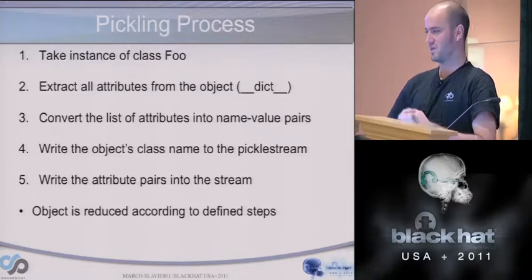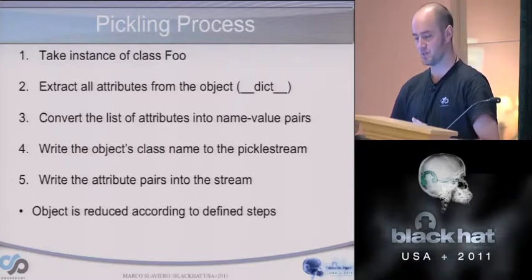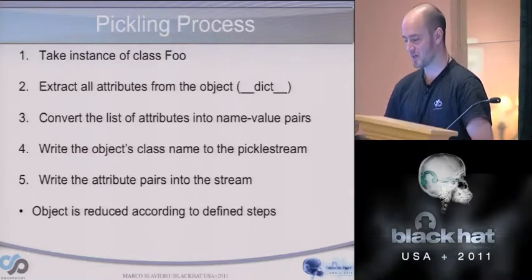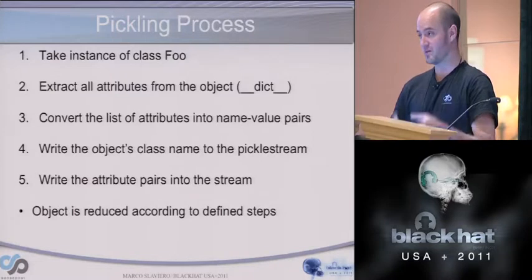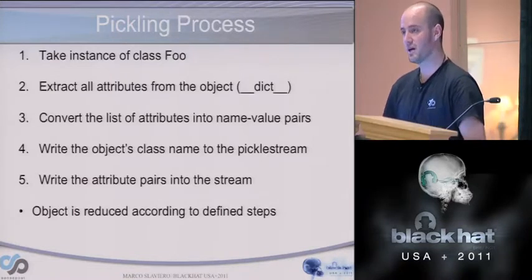In other words, we can frame it even more broadly and say it pulls out a list of all the local variables. It's not entirely true, but it works for the purposes of this. So we have a list of local variables, and we have the name of the object, and those get written out in a structured way into the stream of bytes.